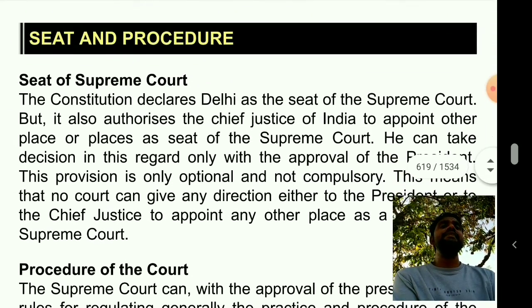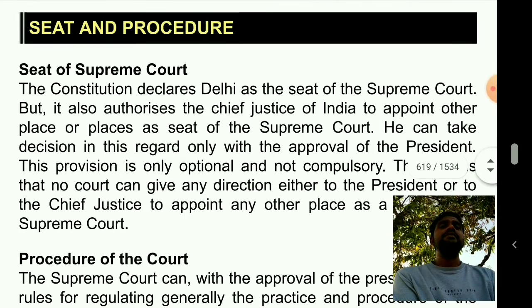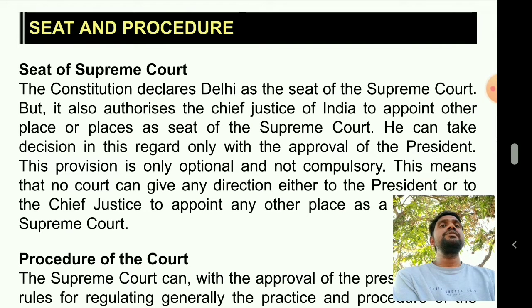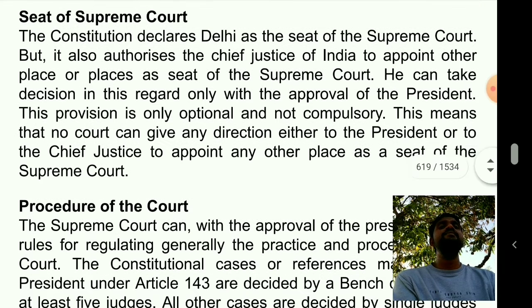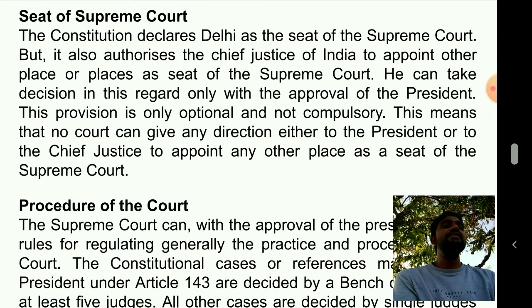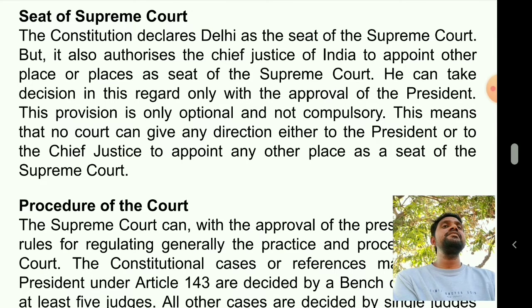Next is seat and procedure. Seat of Supreme Court. The Constitution declares Delhi as the seat of the Supreme Court, but it also authorizes the CJI to appoint other place or places as seat of the Supreme Court. He can take decision in this regard only with the approval of the President.